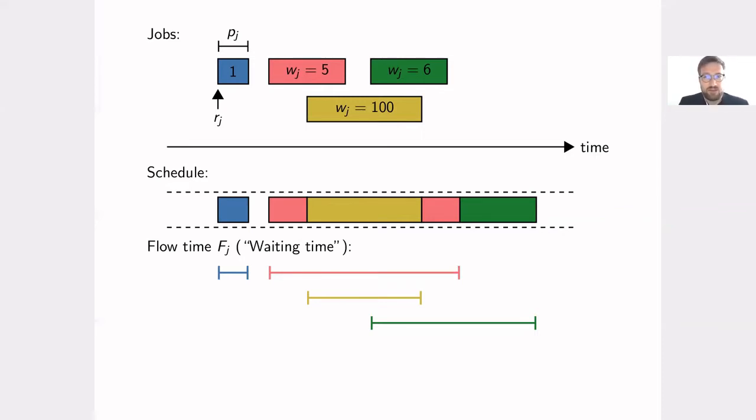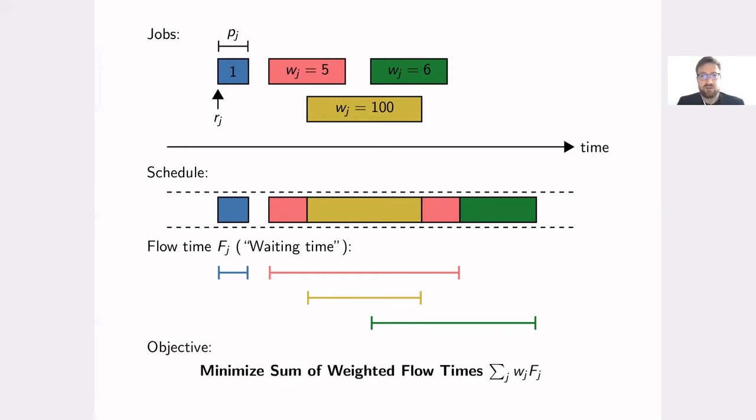And usually this is a metric that we want to minimize. In this setting, we want to minimize the sum of weighted flow times. So we take the sum over all jobs and multiply the weight by the flow time, and this is the objective that we want to minimize.